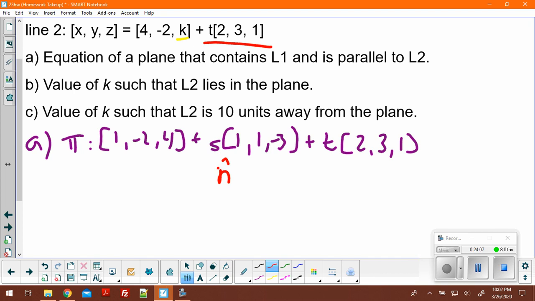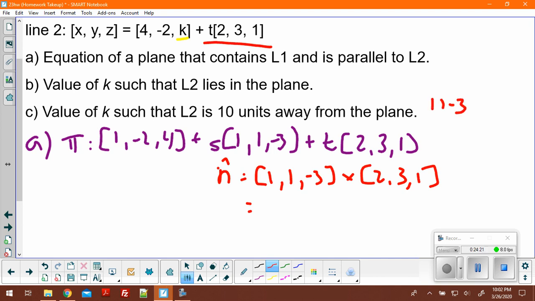I've got to figure out my normal, which is the cross product of those 2 vectors. 1, 1, -3, 2, 3, 1. So 1 plus 9 is 10. -6 take away 1 is -7. 3 take away 2 is 1.